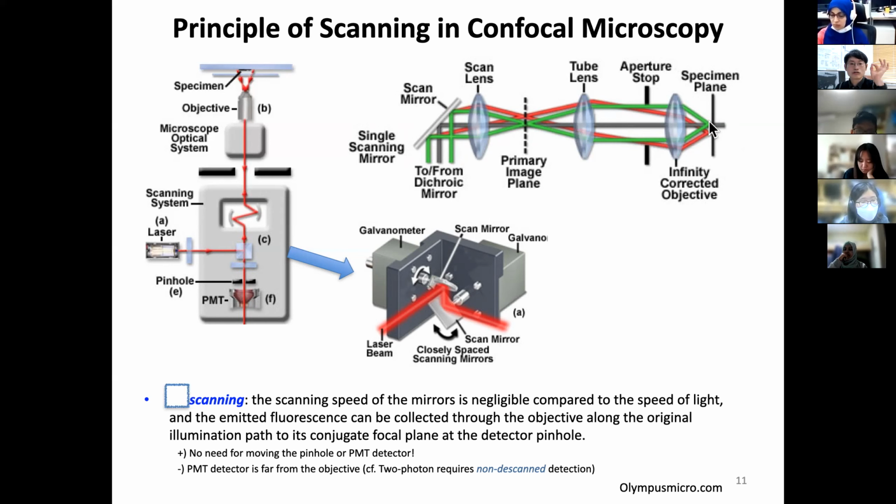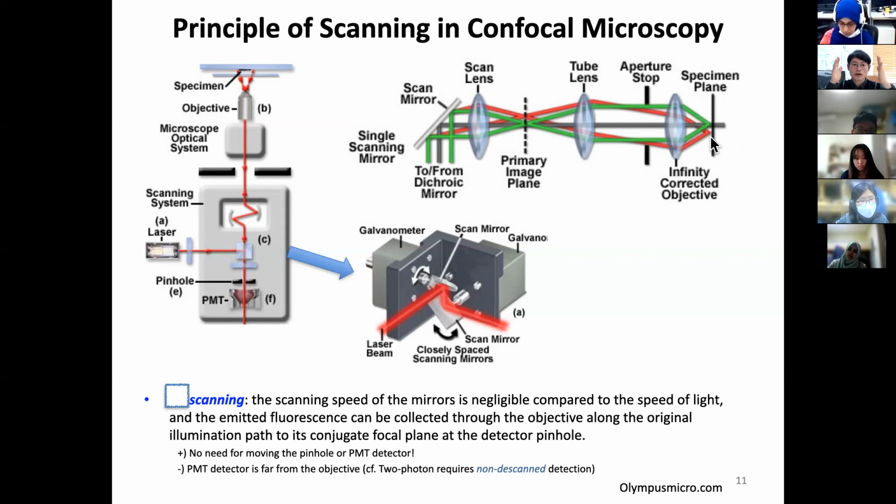But now I want to make a signal from the next point over here. How can you do that? You can rotate the scan mirror by several degrees. Then it now changes the direction of this red one. So from geometric optics, this red one, this point, will go to that point.